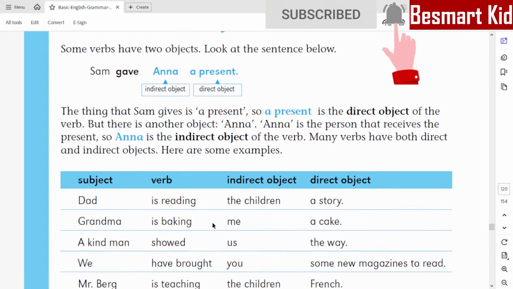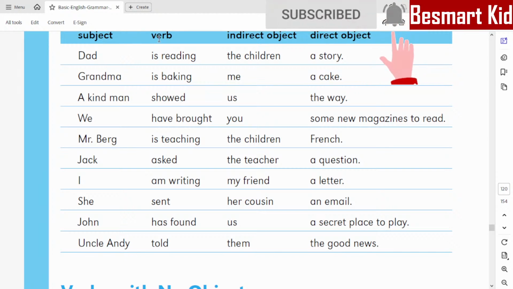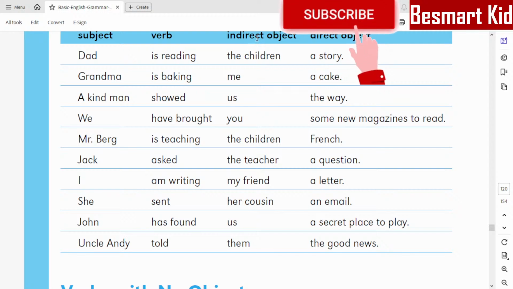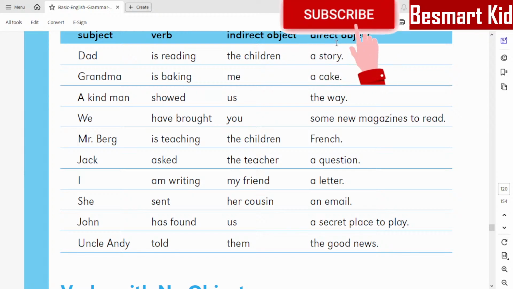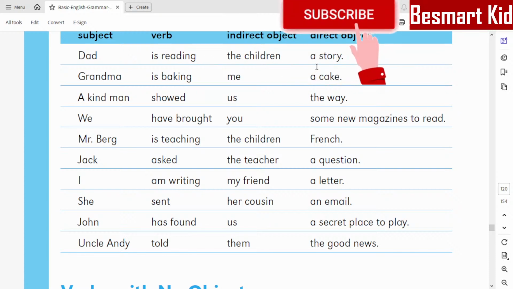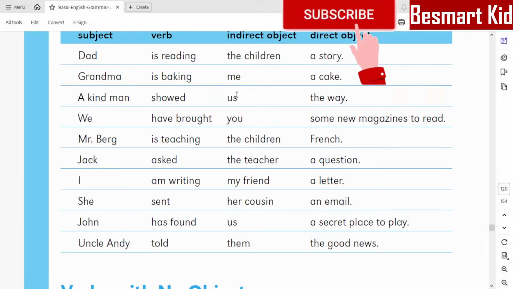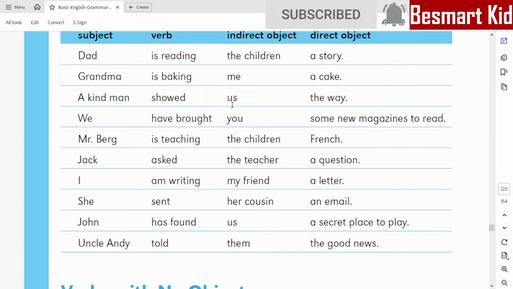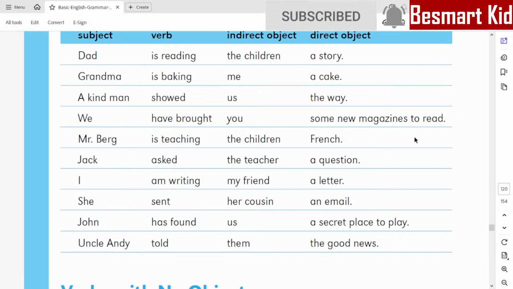Here are some examples. First, we have the subject. Second, we have the verb. Third, we have the indirect object. And fourth, we have the direct object. So, Dad is reading the children a story. Grandma is baking me a cake. A kind man showed us the way. We have brought you some new magazines to read. Mr. Bird is teaching the children French.